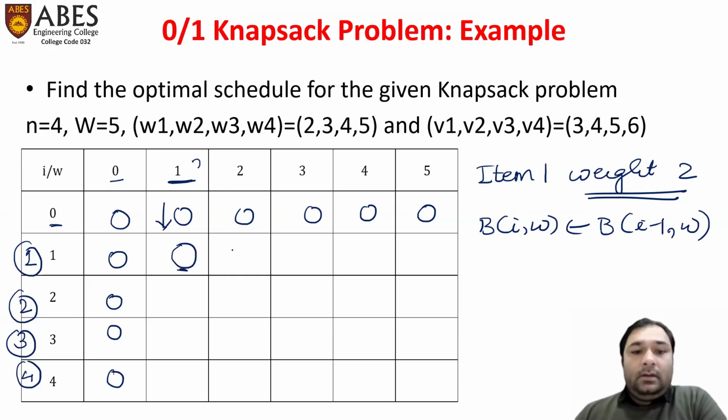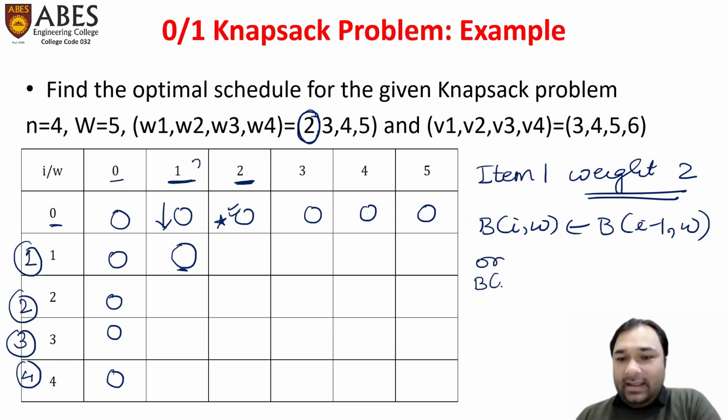Now, here the capacity meets the item weight. So what we are saying is that either the previous value, that is this, or B[i, W] must have B[i-1, W-Wi] plus Vi.